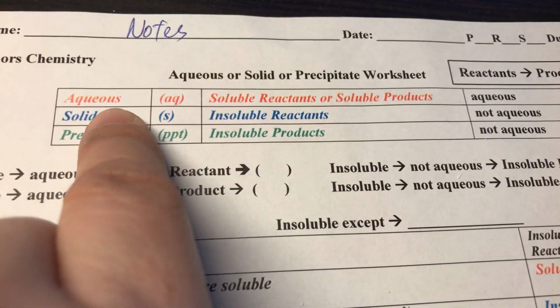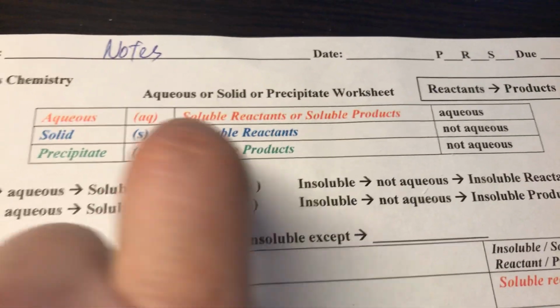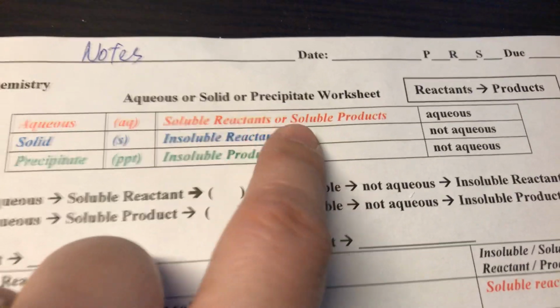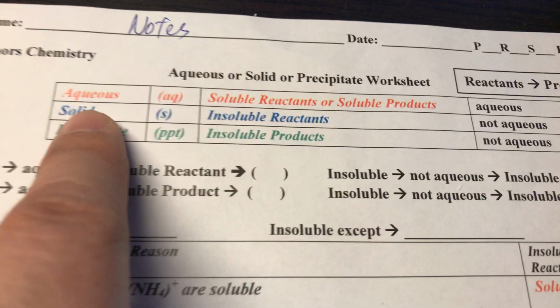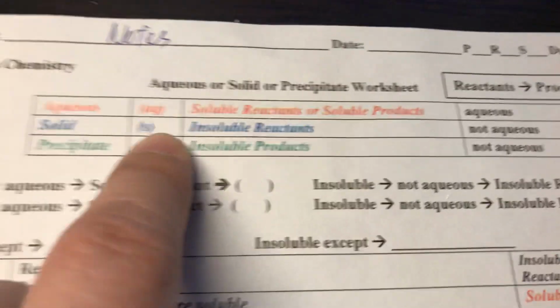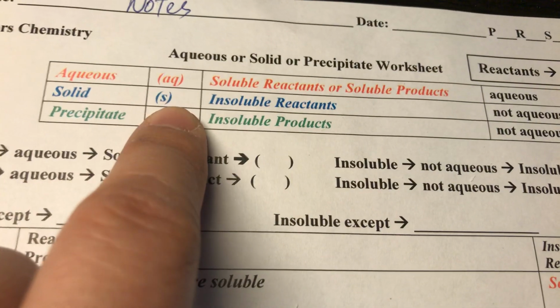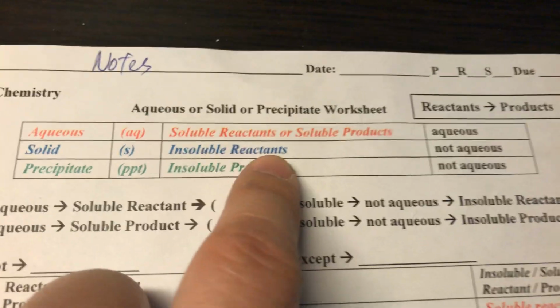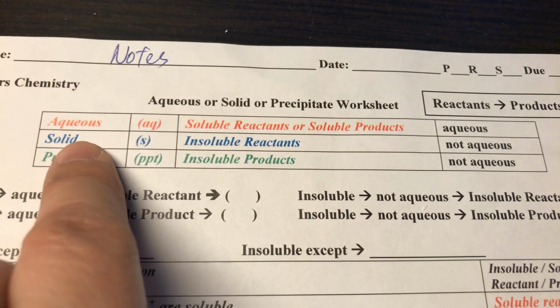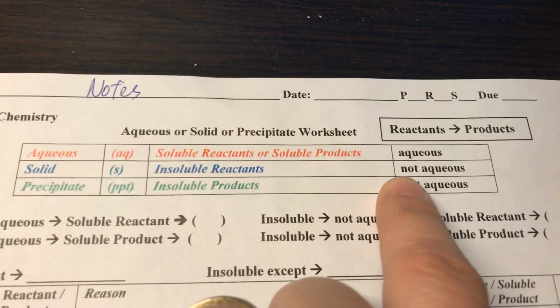Anything aqueous, we say AQ. Aqueous can be a soluble reactant or a soluble product. If it's a solid, we say solid, S. That means it is an insoluble reactant, which we call solid, and it is not aqueous.